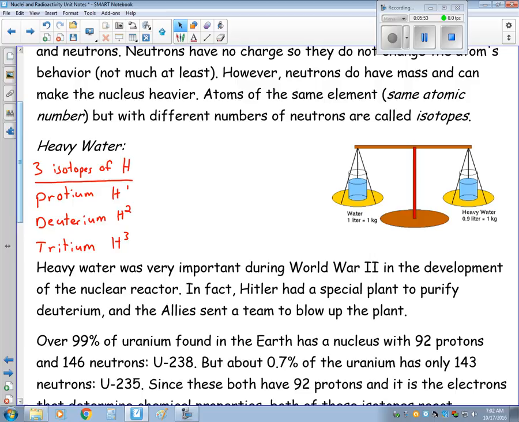So what heavy water is, if we remember water's chemical formula, dihydrogen monoxide, has two hydrogens and one oxygen. In heavy water, the hydrogens contain an extra neutron.